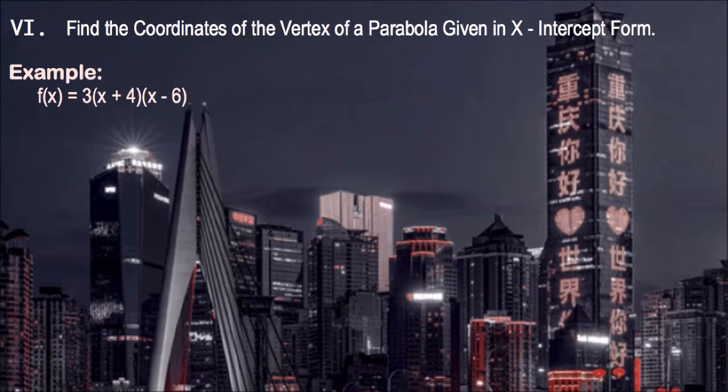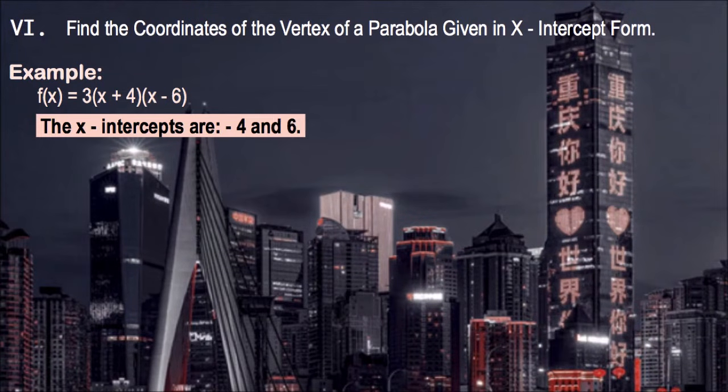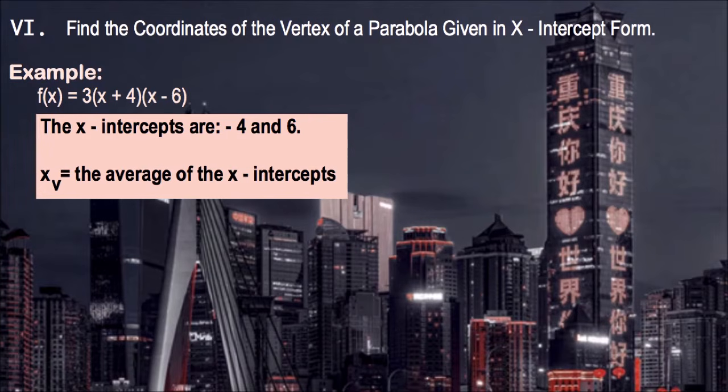Now let's find the coordinates of the vertex of a parabola given in x-intercept form, where f of x is equal to 3 times the quantity x plus 4 times the quantity x minus 6. So, the x-intercepts are as follows: negative 4 and 6.